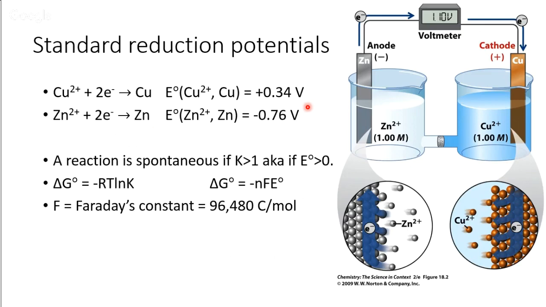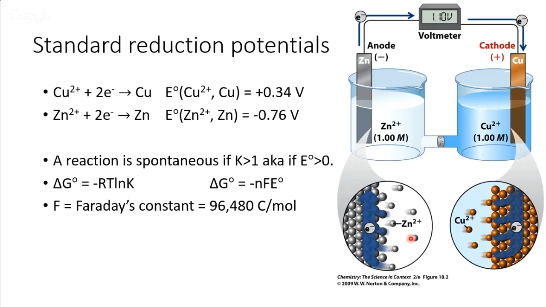In this case, copper is reduced to form copper metal on one side, right, on our cathode. And on the other side, zinc metal is oxidized to form zinc ion.